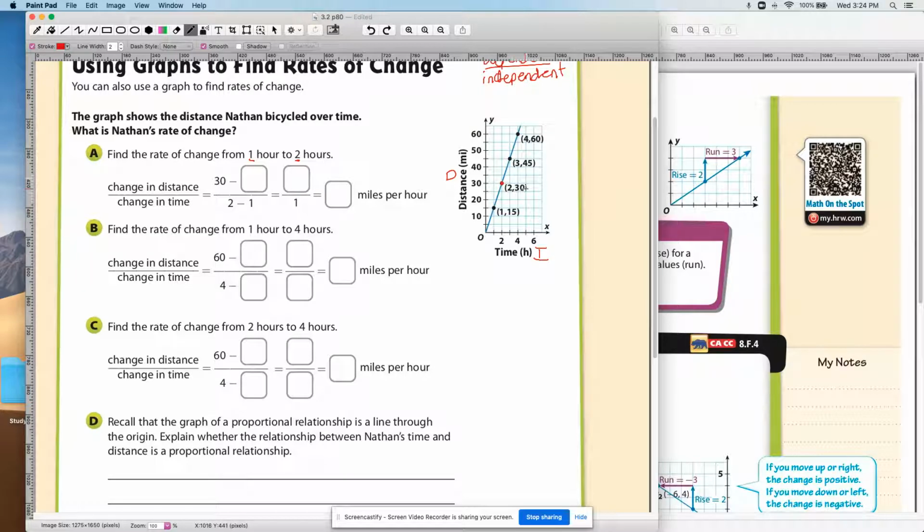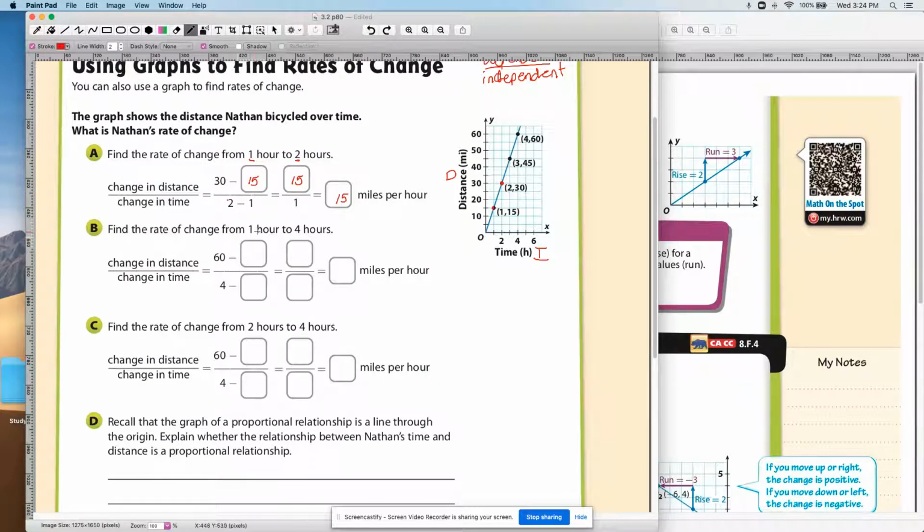So the distance is 30 and the time is 2. So that's what they gave us here. So now we need the 1 hour mark. Here's 1 hour and the distance is 15. So we'll fill this in, 15. And then they gave us the time was 1. So we're going to subtract 30 minus 15 is 15. And the miles per hour, 15 miles per hour.